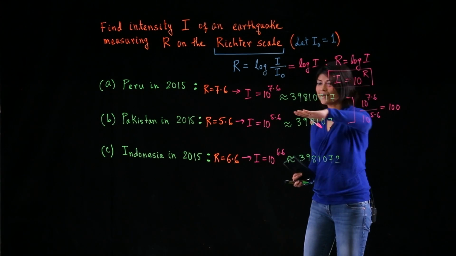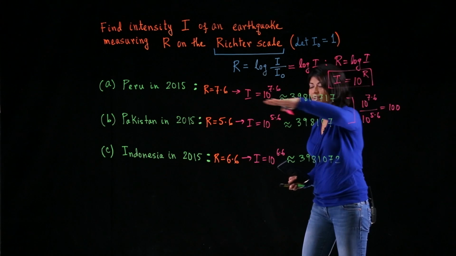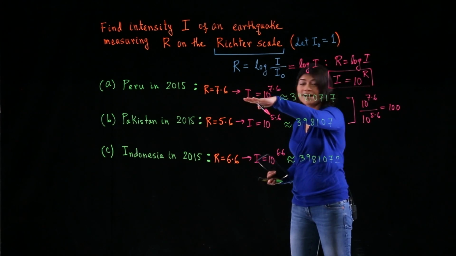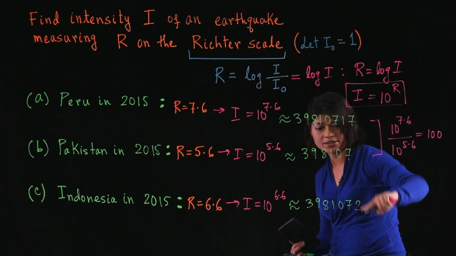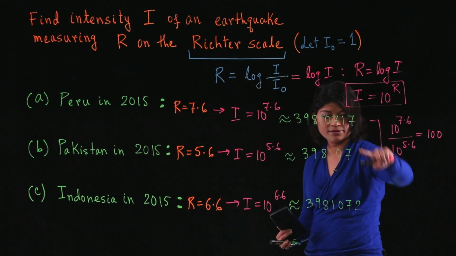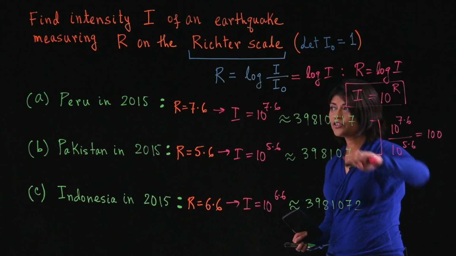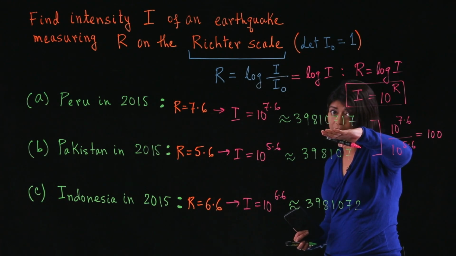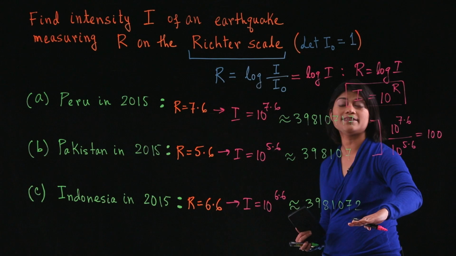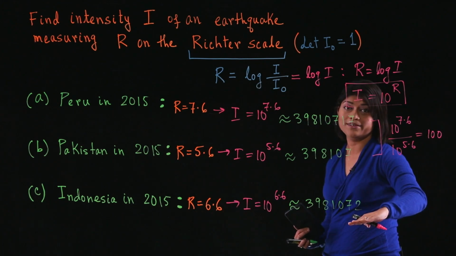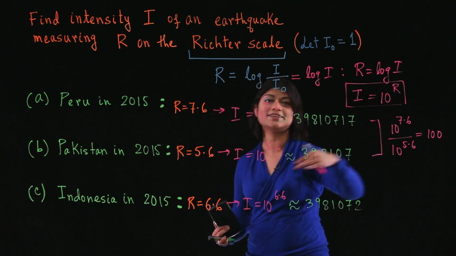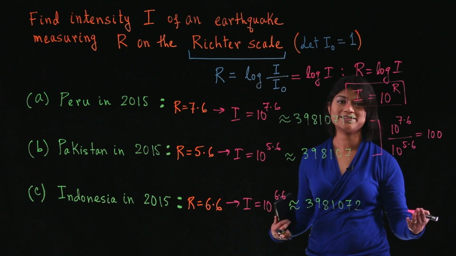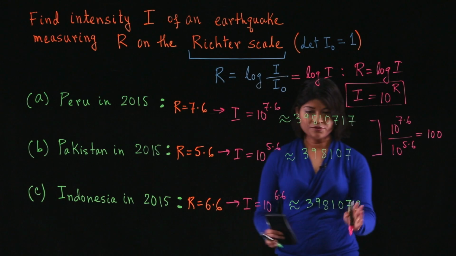That means the intensity of the earthquake in Peru was 100 times more than Pakistan. If you compare Peru with Indonesia, that ratio is 10, so the intensity in Peru is 10 times more than in Indonesia. So a little change in the Richter scale can change the intensity of an earthquake so much. So we finished our problem.